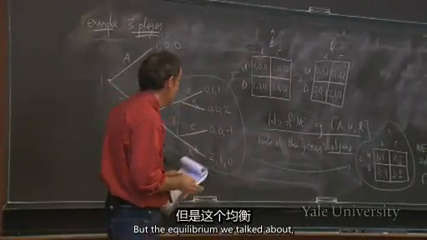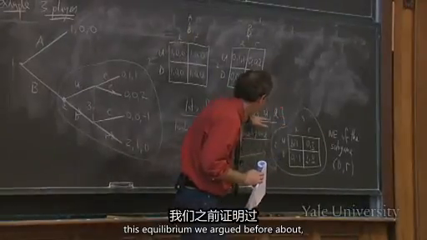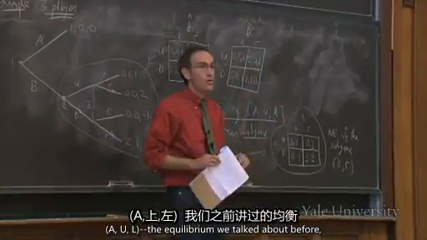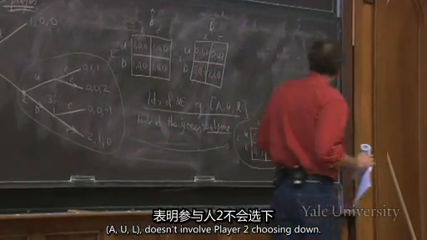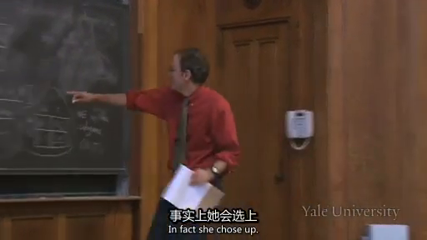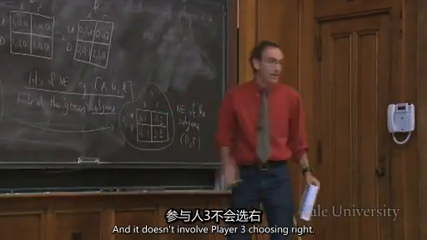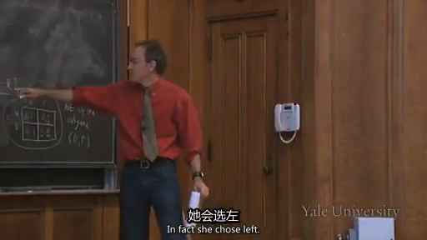All right? But the equilibrium we talked about before, AUL, doesn't involve player 2 choosing down. In fact, she chose up. And it doesn't involve player 3 choosing right. In fact, she chose left.